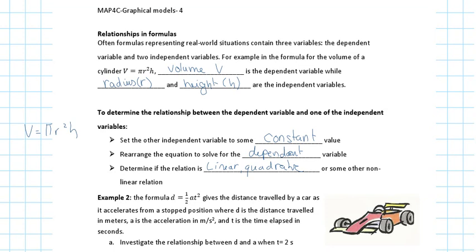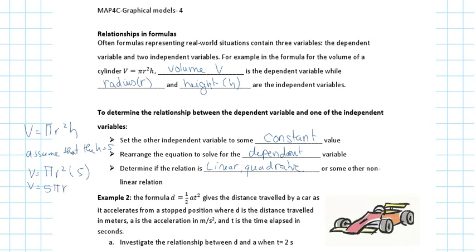So assume the height is 5. In this case, I'm going to replace my h with a 5. So now my formula is V equals 5 pi r squared.